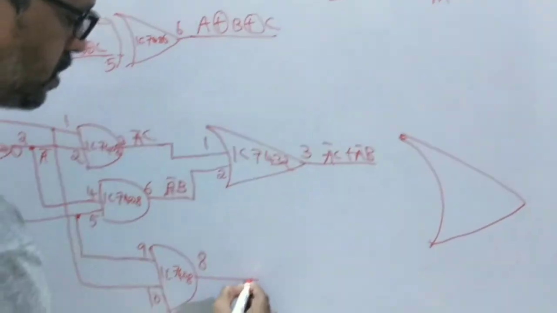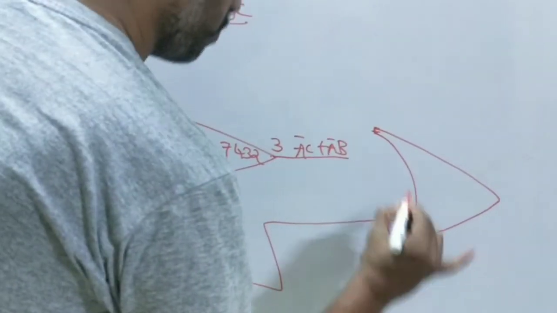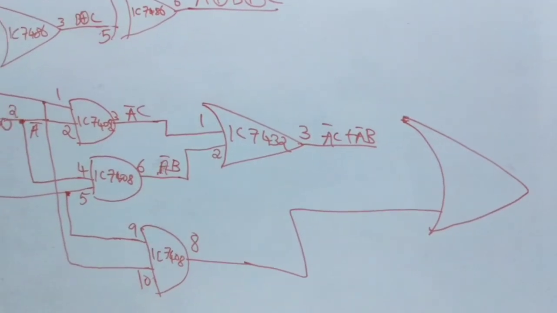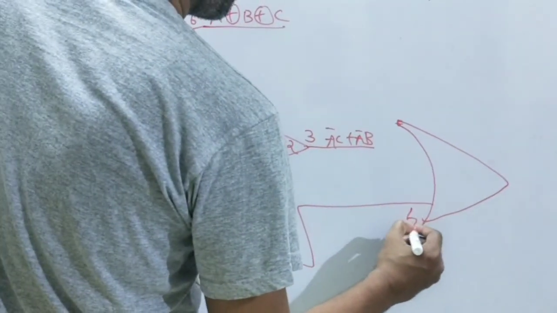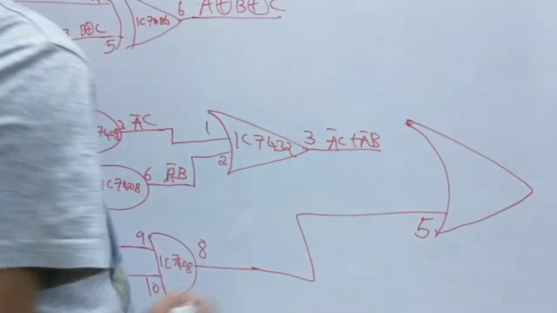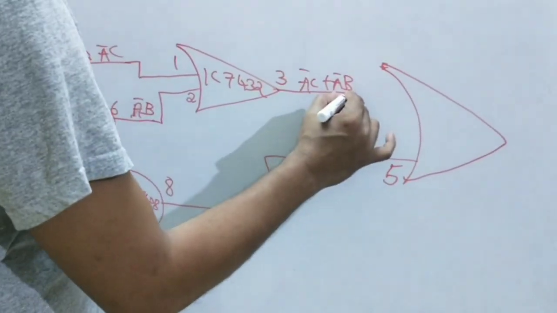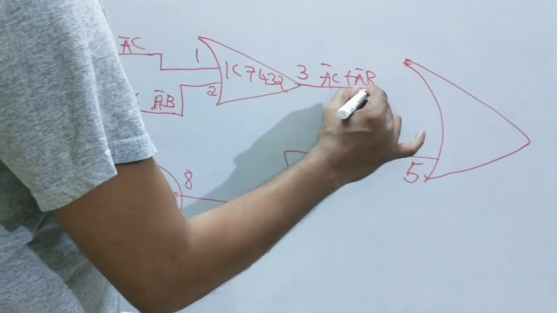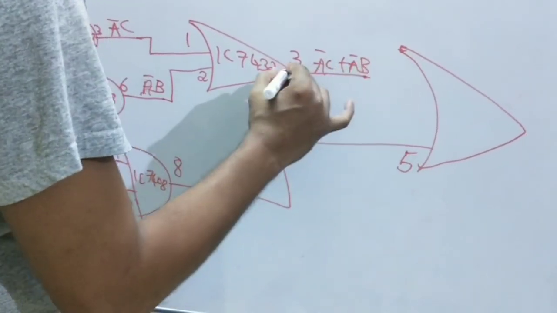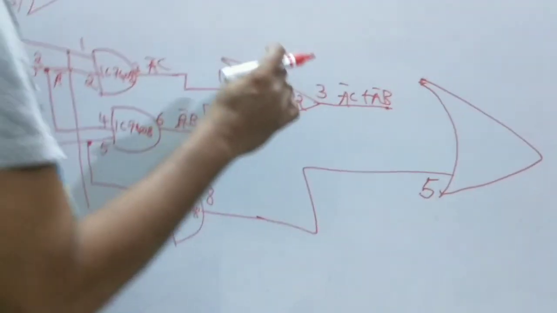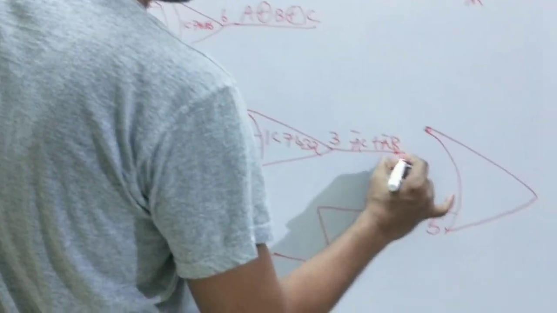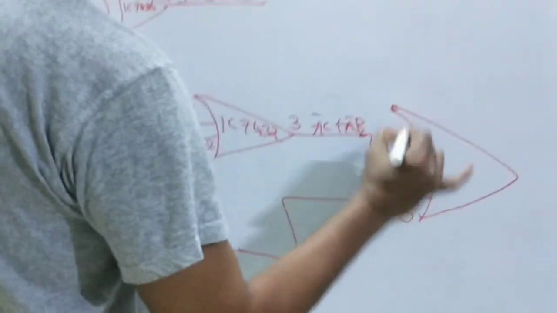Okay, so this output would be connected as an input to another OR gate, that is the 5th input pin of IC 7432. The output A dash C plus A dash B is connected from output pin 3 to input pin 4, right?